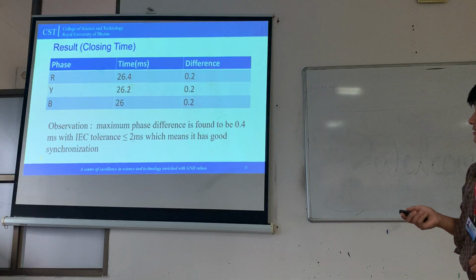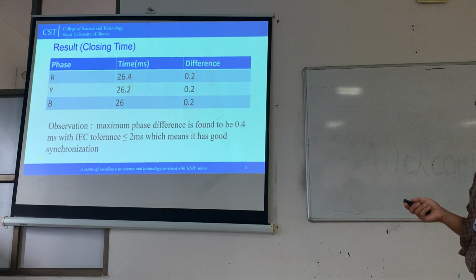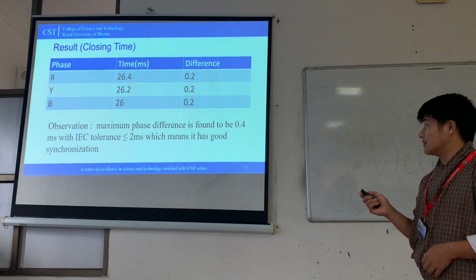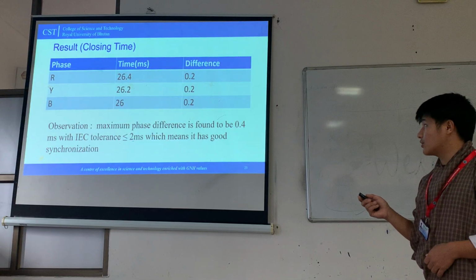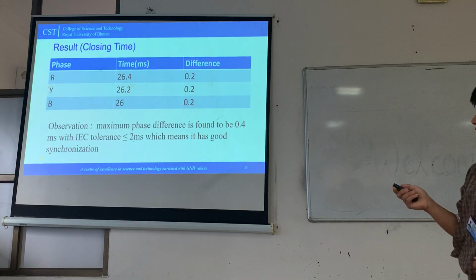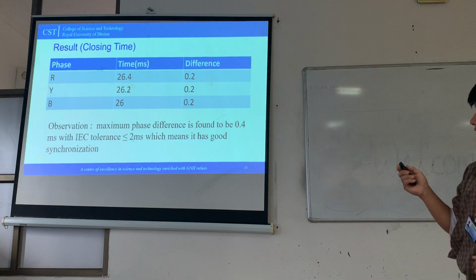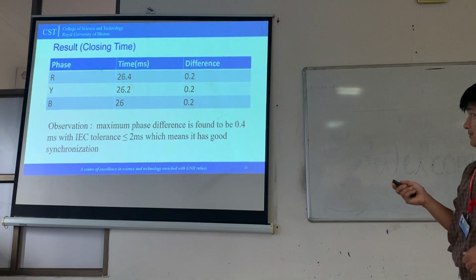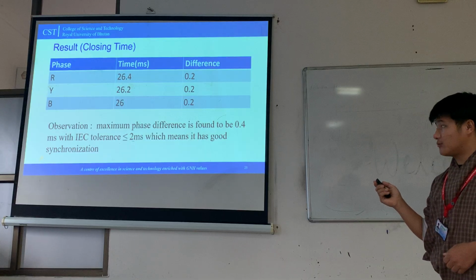So in this test, they have taken the time required to close the circuit breaker for all the phases, and the difference between each phase was found to be 0.2. The maximum phase difference was 0.4.